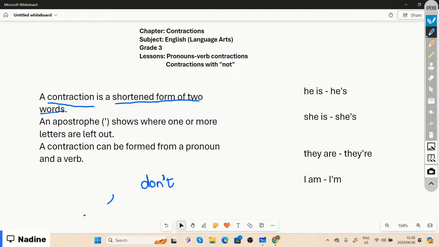All right. And we said that little apostrophe shows where one or more letters are left out. We are going to look at a few examples and see how the letters are left out, and what the contractions are.